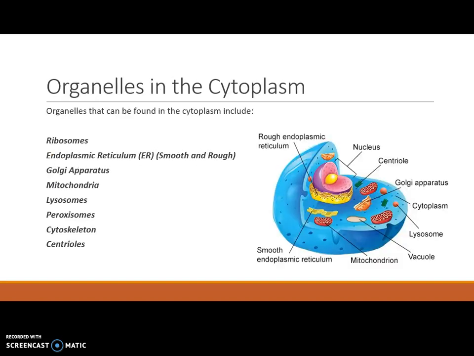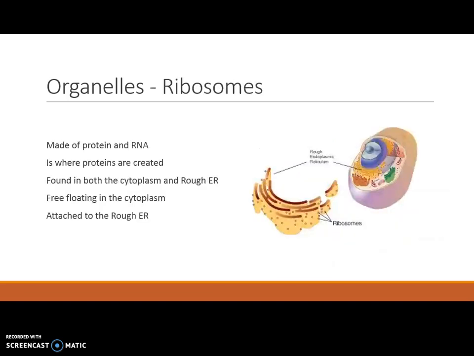The primary organelles within a cell are the ribosomes, the endoplasmic reticulum, and there is a smooth and a rough one, the Golgi apparatus, the mitochondria, the lysosomes, the peroxisomes, the cytoskeleton, and the centrioles. And we're going to talk about each one individually and what they do.